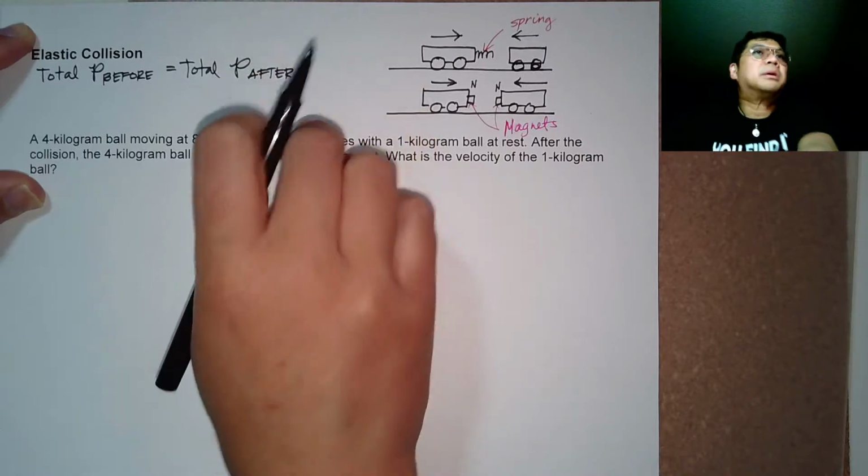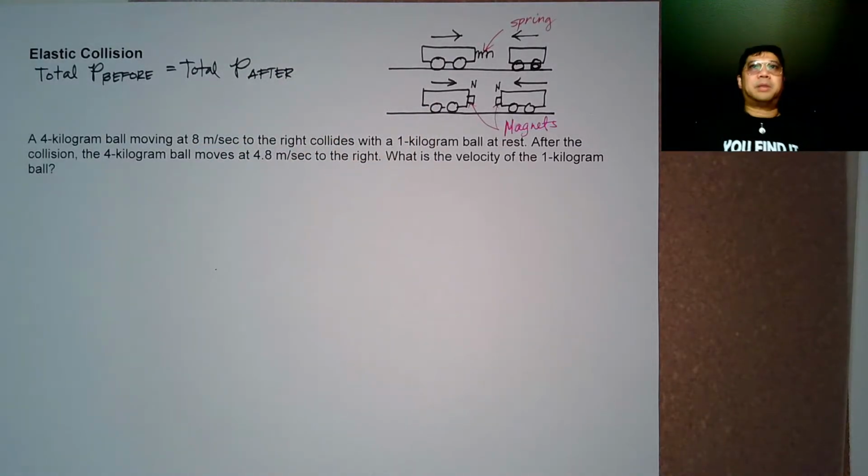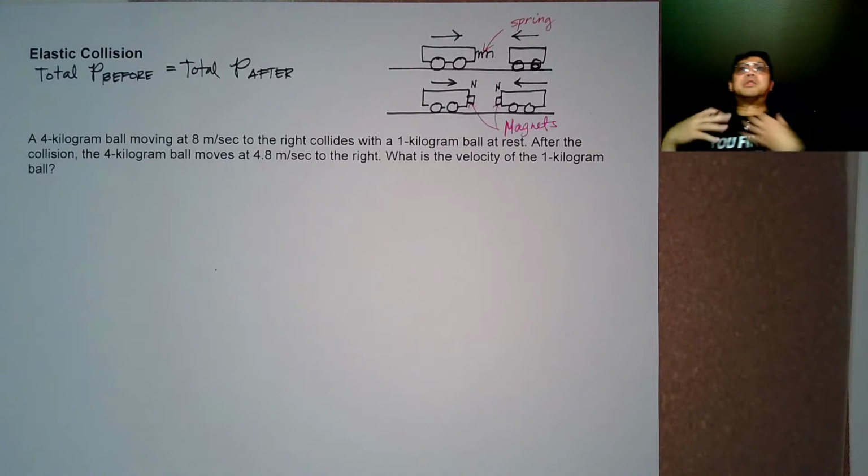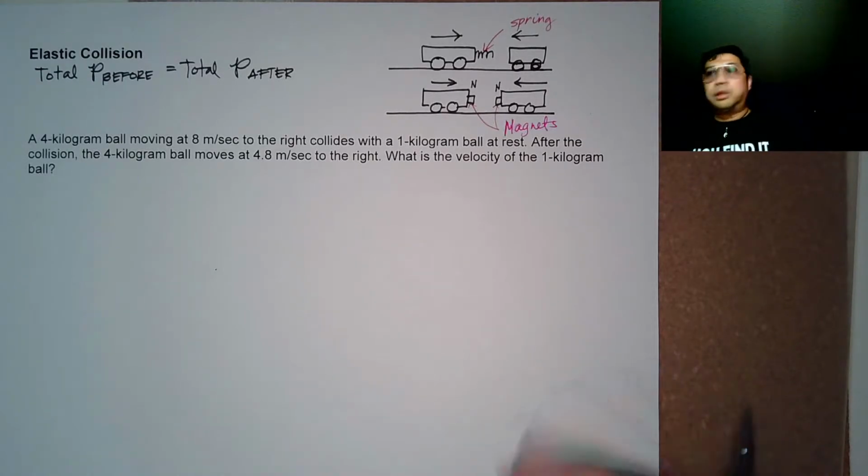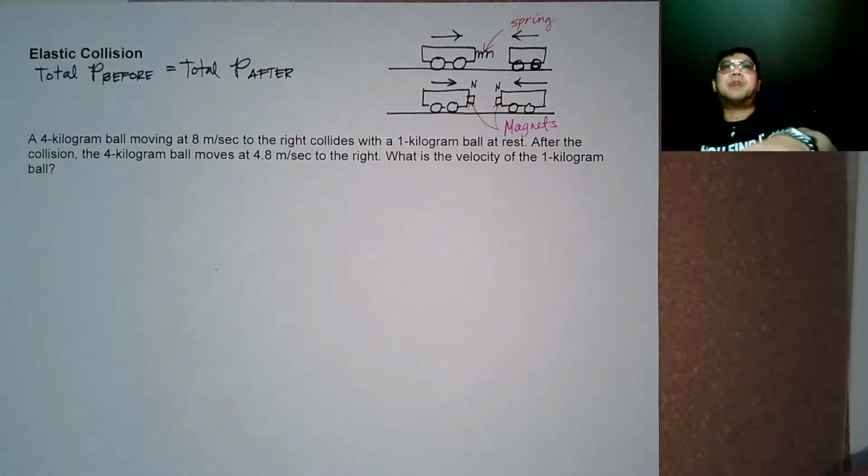So momentum is conserved in the collision, which means there's no external force causing the objects to slow down, change direction, or reduce speed after collision. They hit each other and then bounce off.